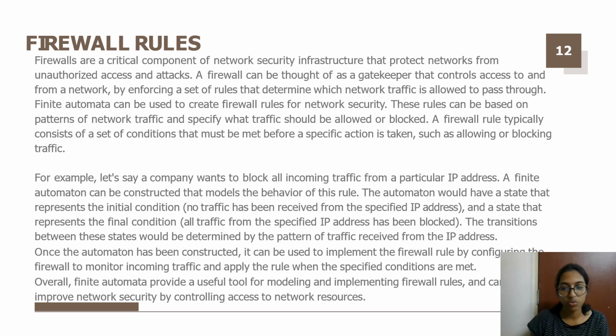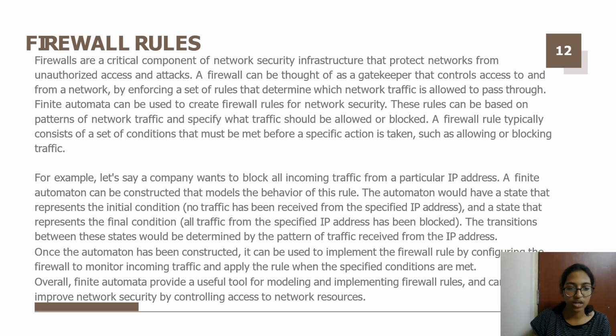The finite automaton would have a state that represents the initial condition where no traffic has been received from a specified IP address, and a state that represents the final condition where all traffic from the specified IP address has been blocked. The transitions between these states will be determined by the pattern of traffic received from the IP address.